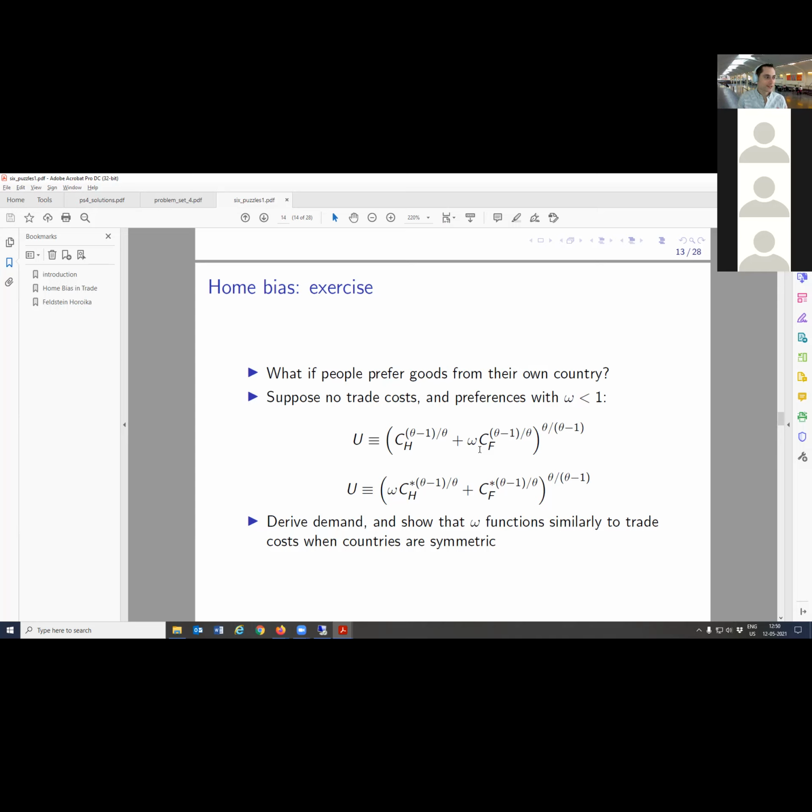Even if you like the 2 goods the same amount, you're going to consume more of the home good because there's shipping costs to get the good from foreign to come to home. So that makes it more expensive. Okay, that's more or less the intuition. And what I wanted to show with this problem is that there's an alternative explanation. And actually it's part of the trade literature. It's called, oh my gosh, I can't remember the name for it now.